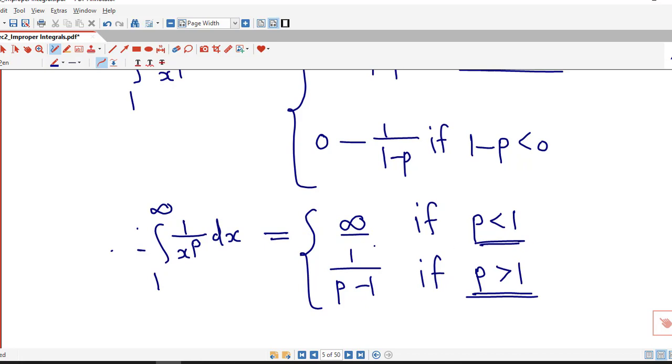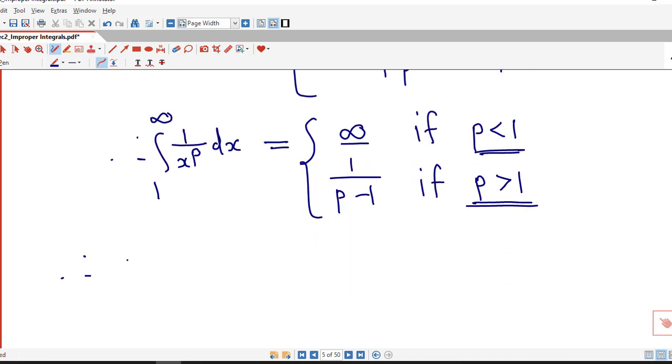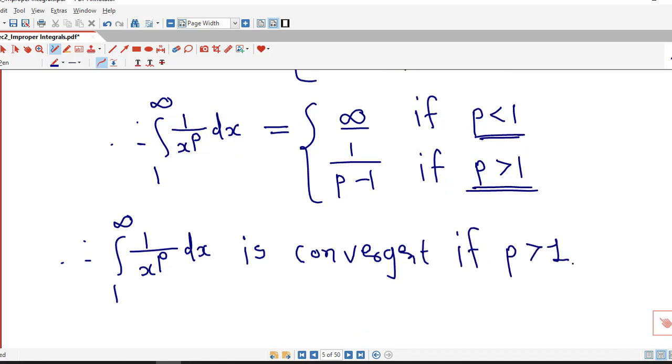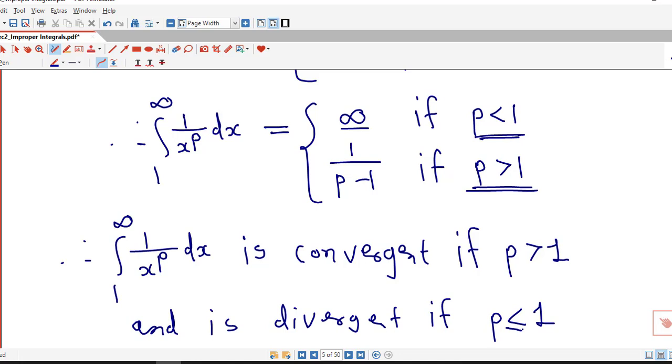So the integral from 1 to infinity of 1 over x raised to p dx is convergent if p is greater than 1 and divergent if p is less than 1 as well as equal to 1.